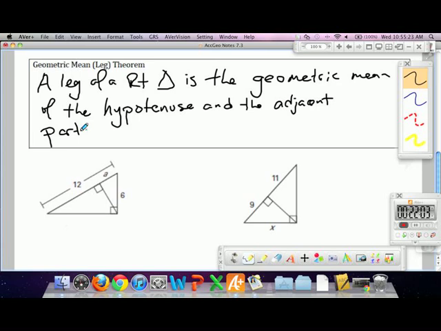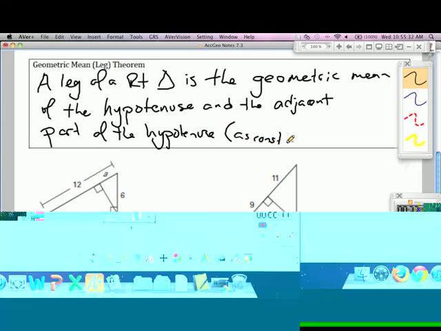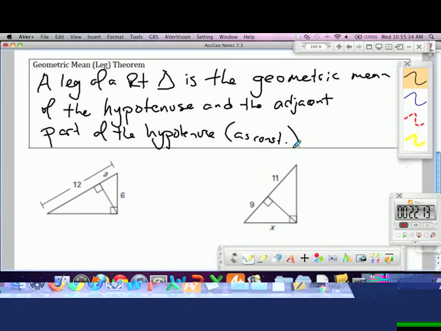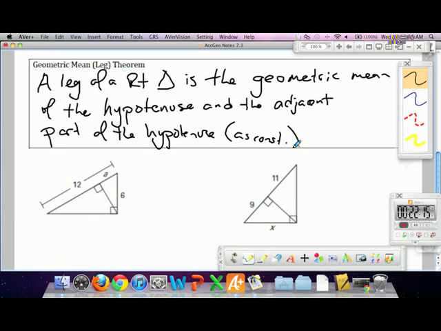Again, as constructed. Adjacent part, yes. The adjacent part, or the part that touches the leg we're dealing with. Of that, as constructed before.